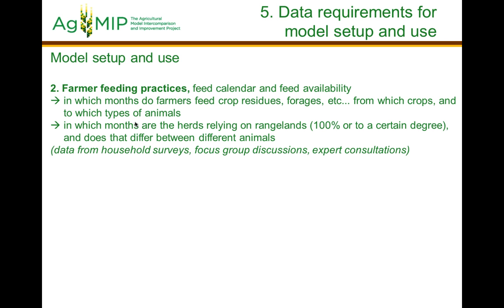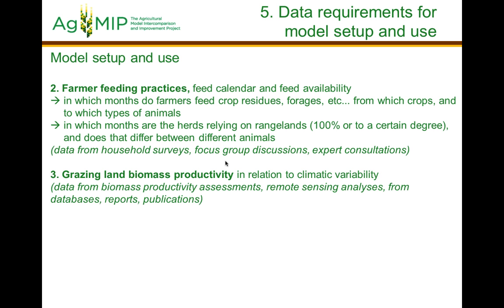And then, so that is the on-farm fodder availability. And then for the rangelands, we need to know in which months the livestock are relying on the rangelands, and whether that is 100% or 70% or 20%, etc. And again, whether it differs between the different animal types.